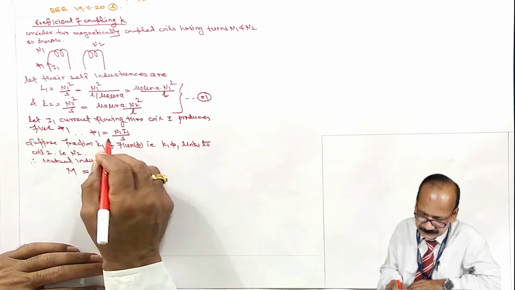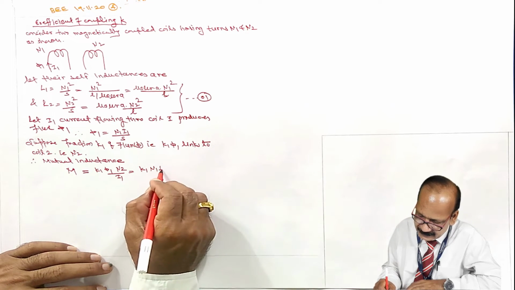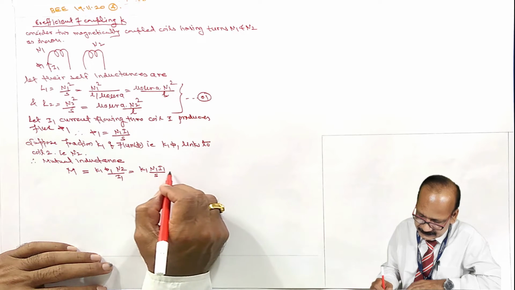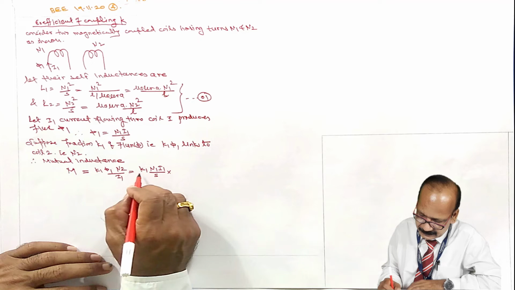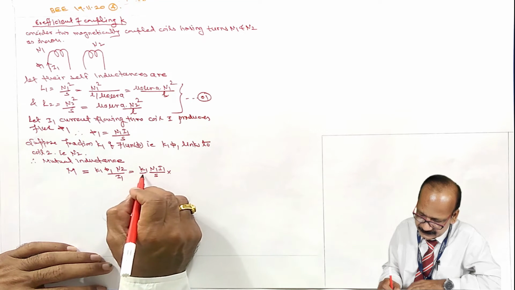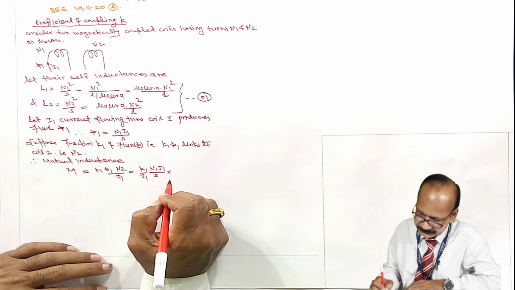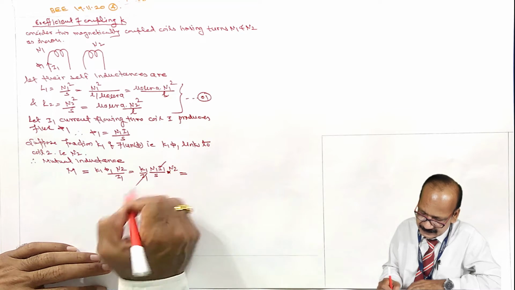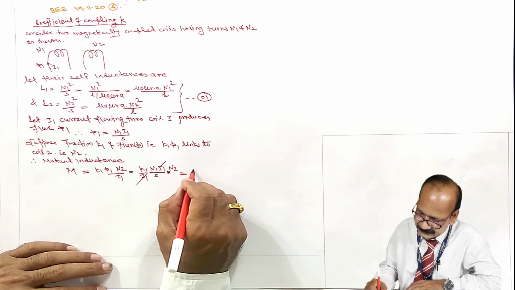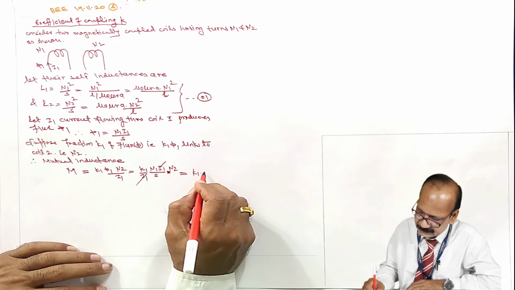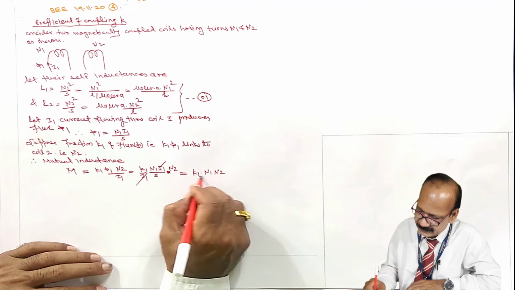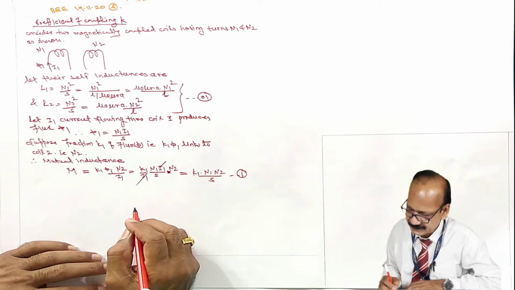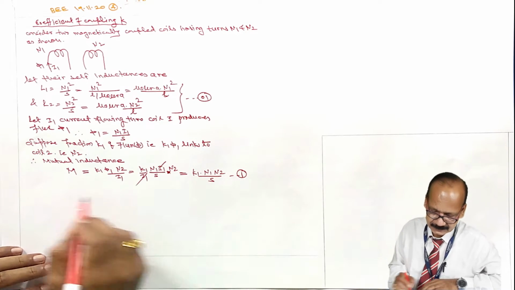So M equal to K1 N1 I1 upon S, upon I1, into N2. So this I1 gets cancelled and M equal to K1 N1 N2 upon S, where S is the reluctance of the magnetic circuit.